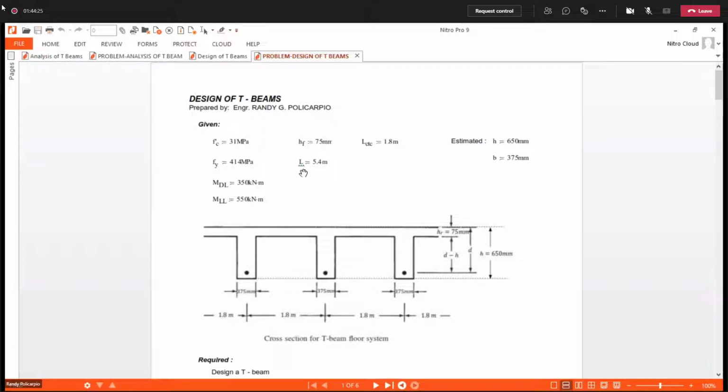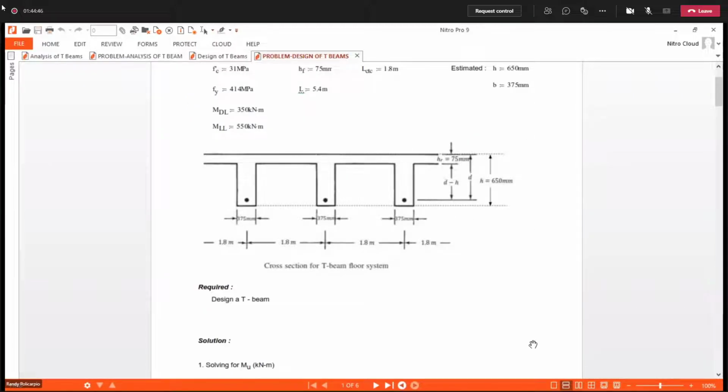So this is the clear span of the beam. Then we have here the moment dead load and moment live load. Okay, so estimate H equal to 650, B equal to 375. So that is about the problem.